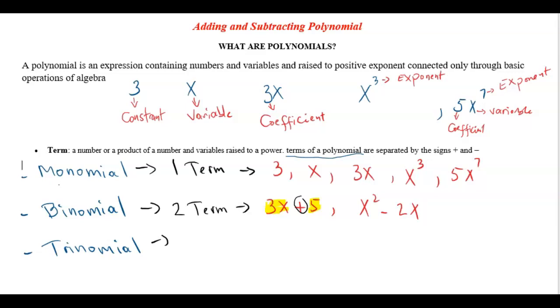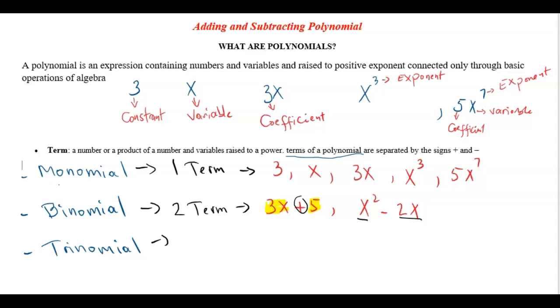Okay, so that's a binomial because it's separated by a minus sign. If there is a plus or a minus sign, then it separates terms. So that is one term, and that is another term.